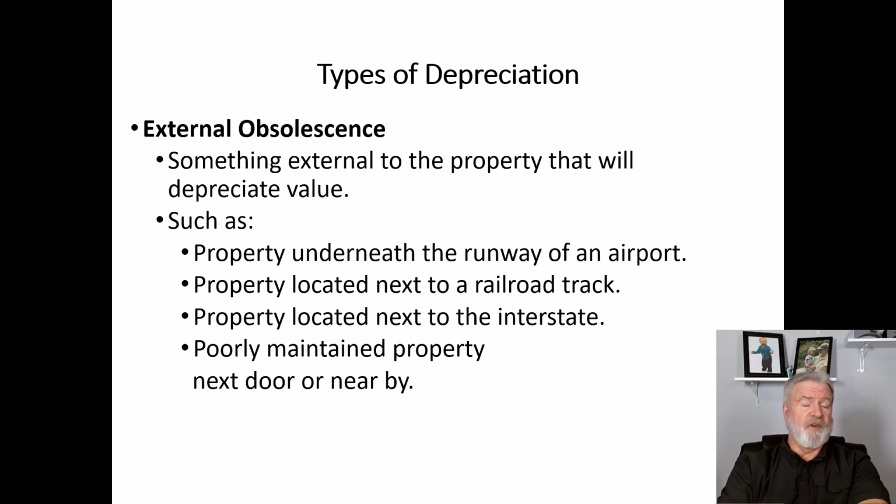Maybe your house is very nice, but it happens to sit underneath or very close to the runway at the airport. So you got a bunch of planes flying over your house day in and day out, day and night. I will tell you, for most people, they're not going to like that. Maybe your house backs up to a railroad track. You got freight trains going through here again day and night.